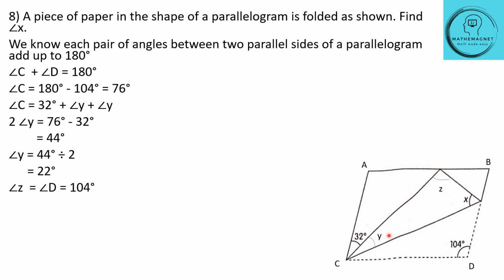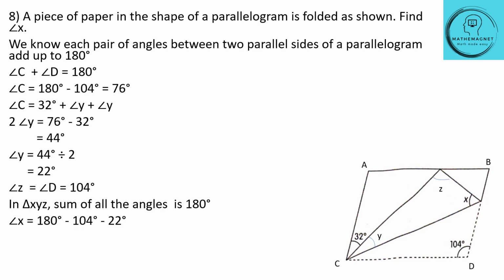We found out angle Y is equal to 22. We just need to find angle X using the concept that we have already learned, that the sum of all angles in a triangle is equal to 180 degrees. So X is equal to 180 minus 104 minus 22, which is equal to 54 degrees. So the unknown angle X is equal to 54 degrees.